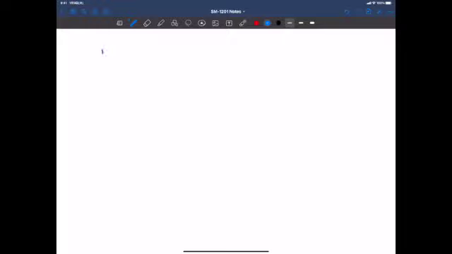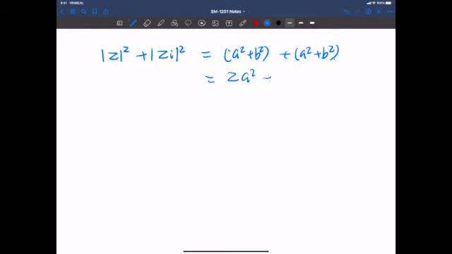the modulus of z squared plus the modulus of zi squared is a squared plus b squared plus a squared plus b squared. That is 2a squared plus 2b squared.